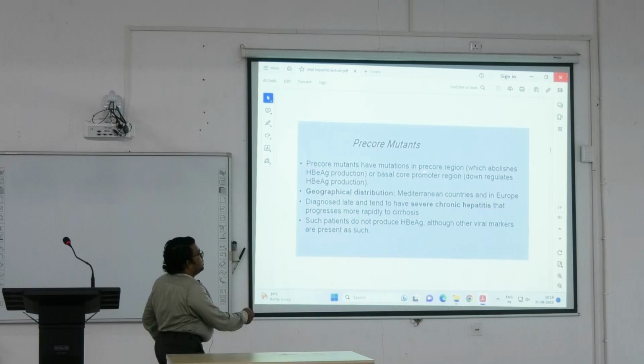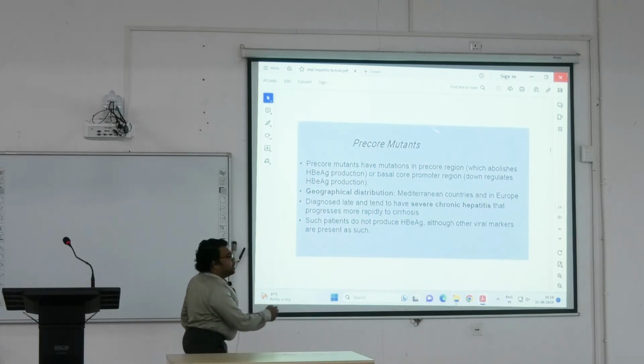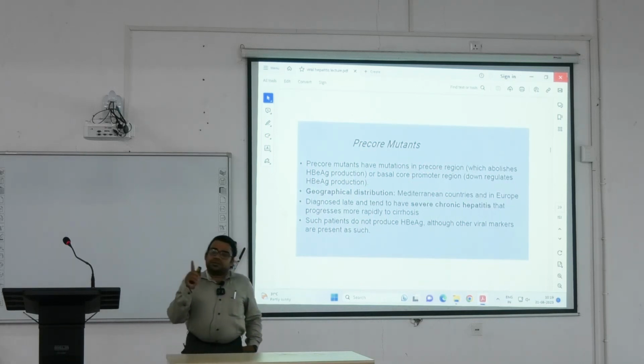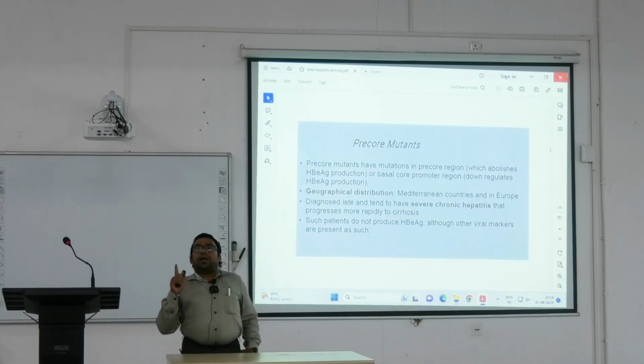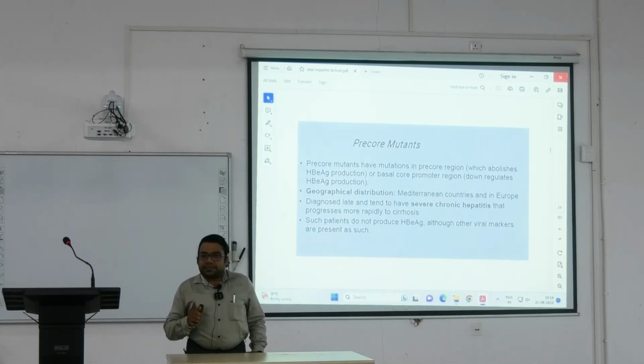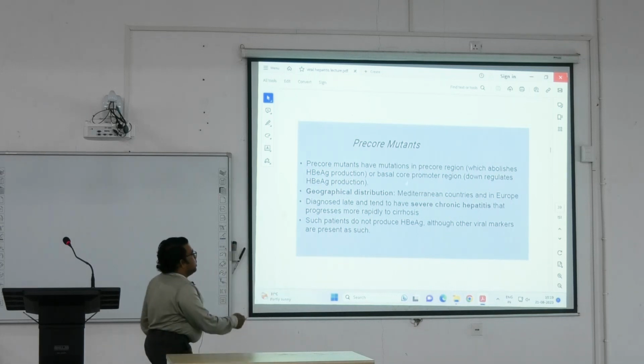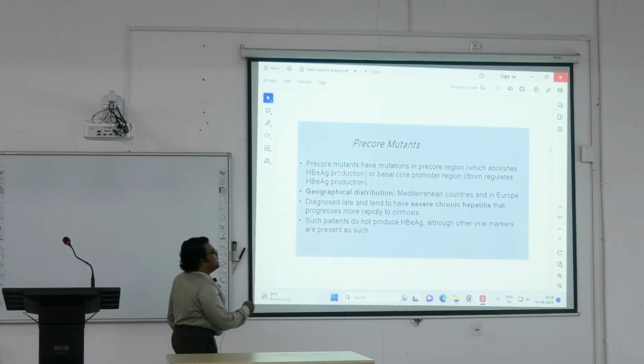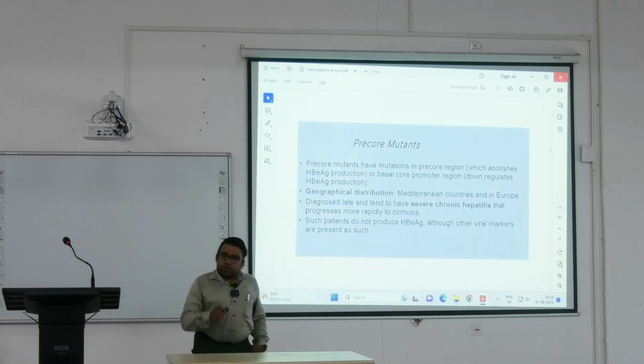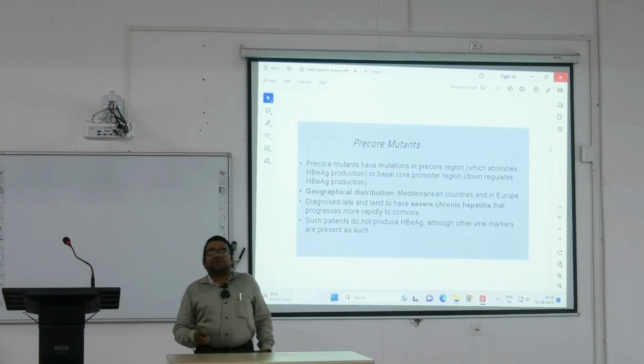In pre-core mutants, the mutations are in the pre-core. Now, the pre-C gene encodes for the hepatitis B E antigen. If that gene is mutated, what will happen? The hepatitis B E antigen will not be produced. If this is not produced, it becomes very difficult to diagnose.